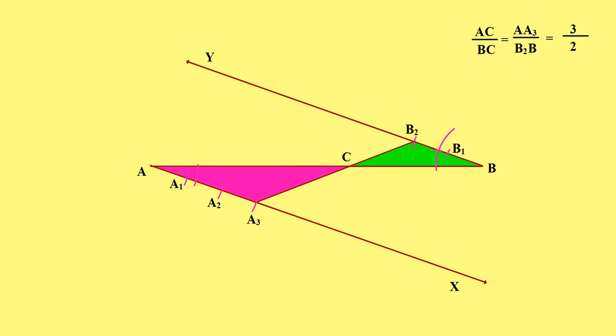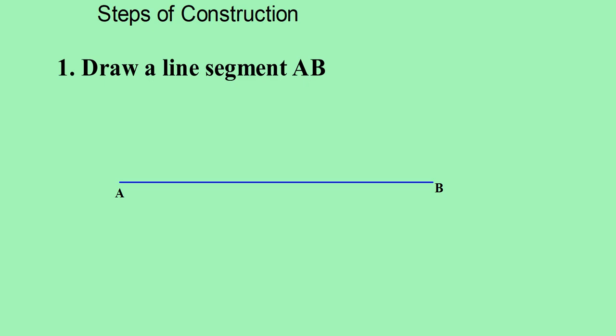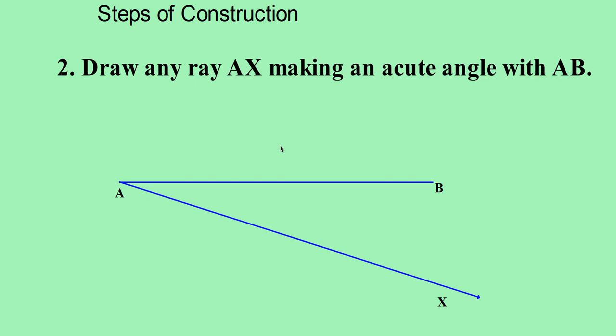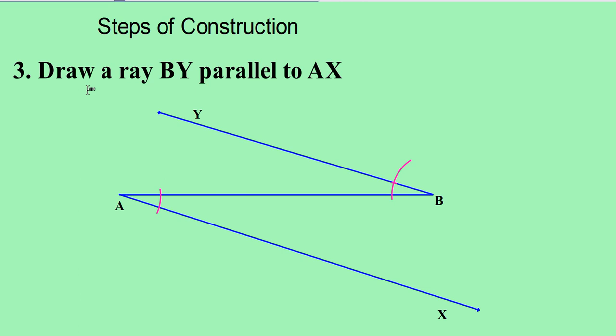Now look at the steps of construction. Draw a line segment AB. Second step is draw a ray AX making an acute angle with AB. Draw a ray BY parallel to AX.